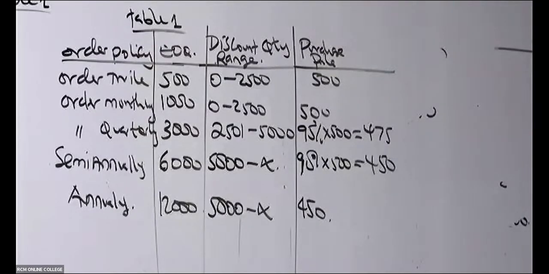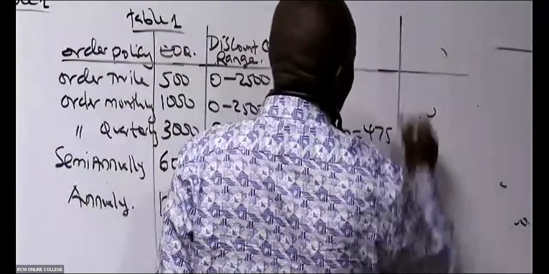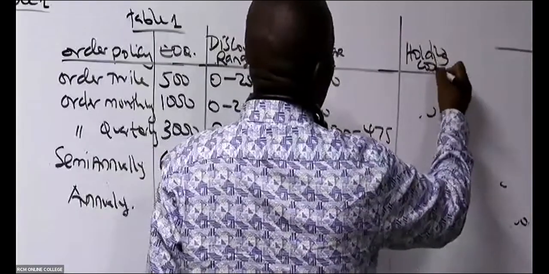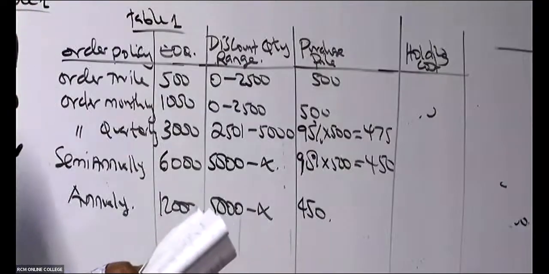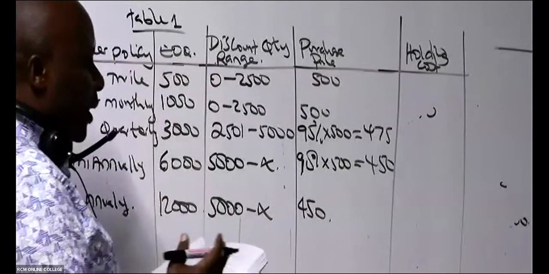Great. And then, ladies and gentlemen, after you get purchase price, always think about the holding cost. So have they told us the percentage of holding cost? Yes, they told us somewhere in note number 5, the carrying cost is 20 plus 12% of the purchase price.